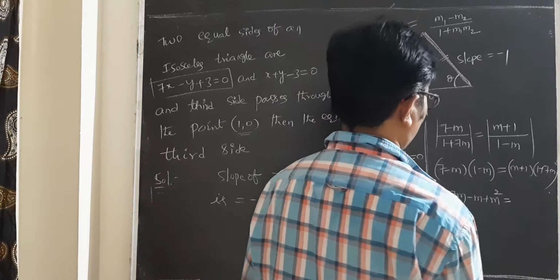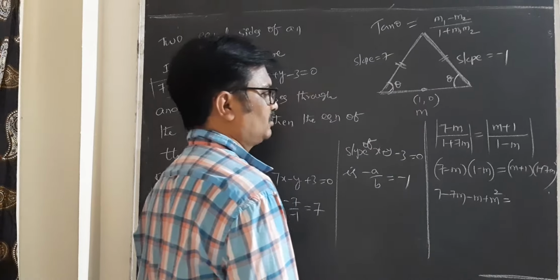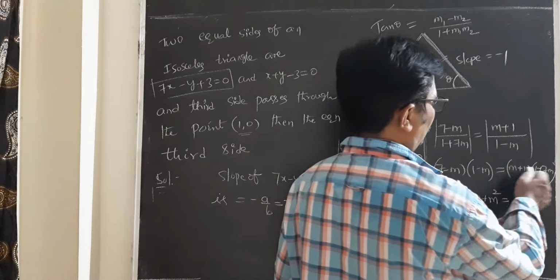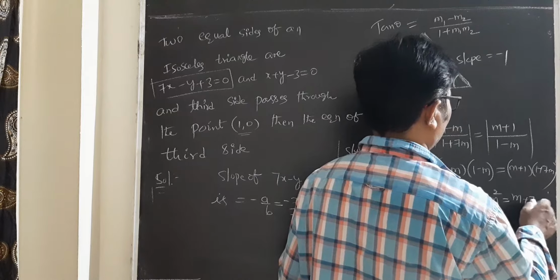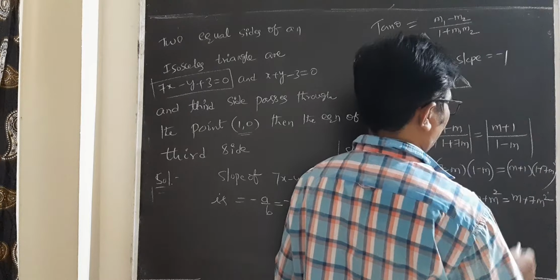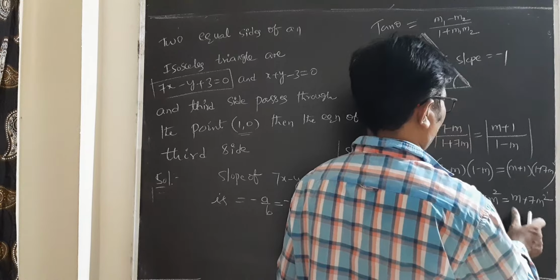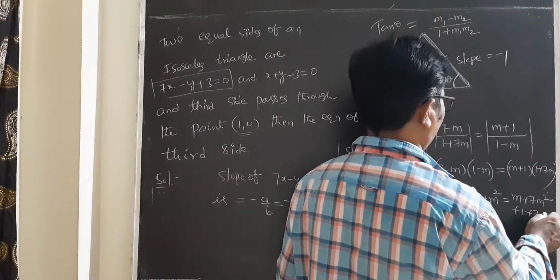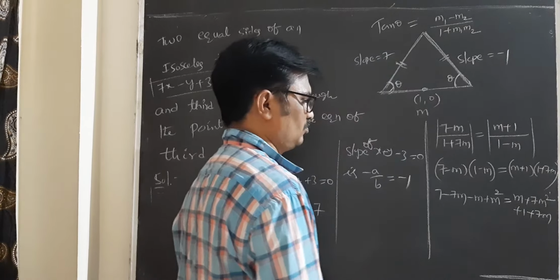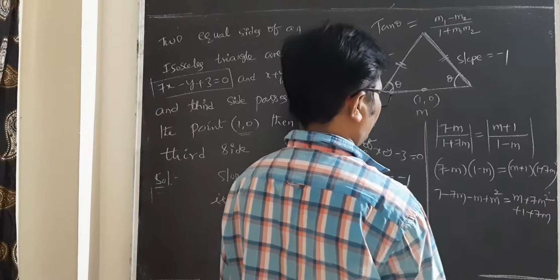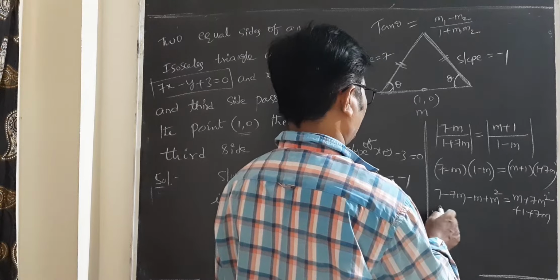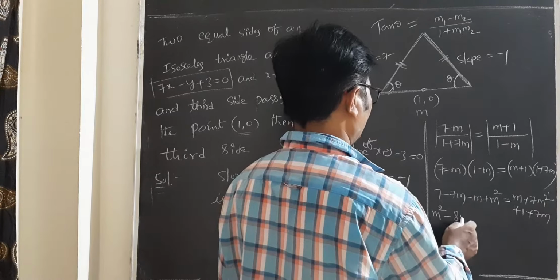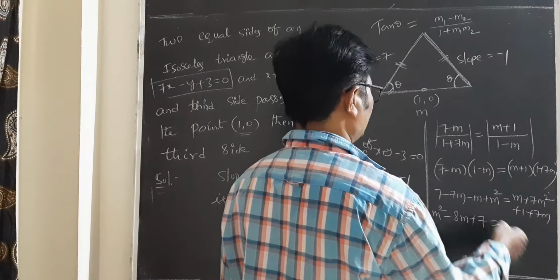So 7 minus 7m minus m plus m square, then multiply with m plus 7 m square, that is, after that multiplying with 1 plus 7m, so this is 7m square. Now first write m square, after that minus 8m plus 7.